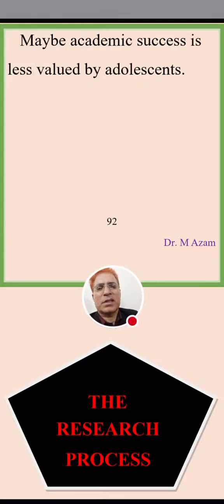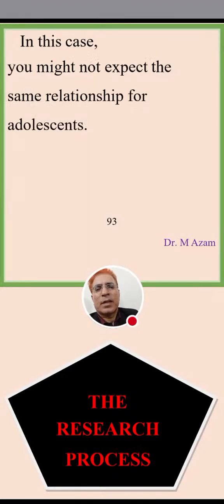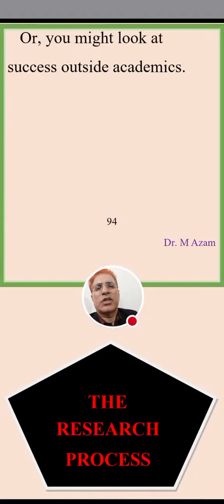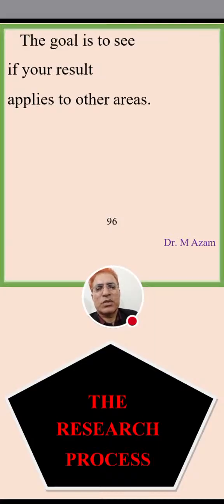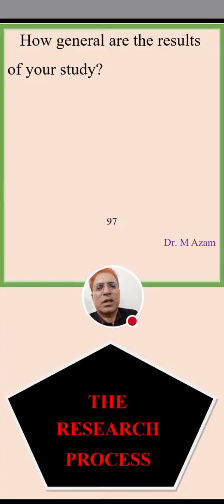Maybe academic success is less valued by adolescents. In this case, you might not expect the same relationship for adolescents, or you might look at success outside academics. Is there a relationship between athletic success and self esteem? The goal is to see if your result applies to other areas. How general are the results of your study?